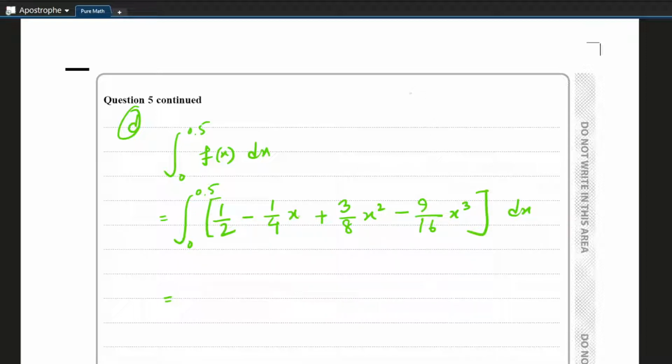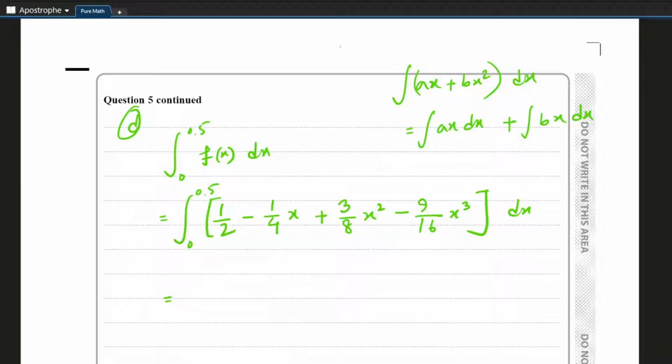Now we know that when we are integrating, if we have two terms, ax plus bx squared dx, that means integration of this and then integration of this. I'll do the whole thing in one go.